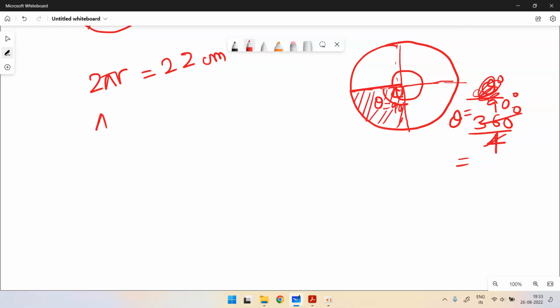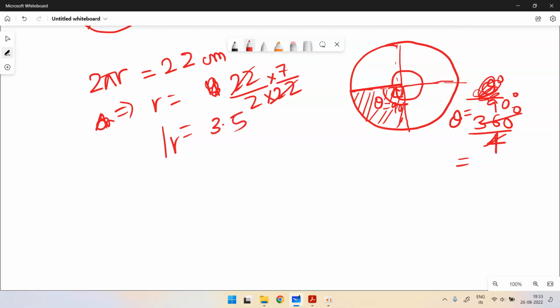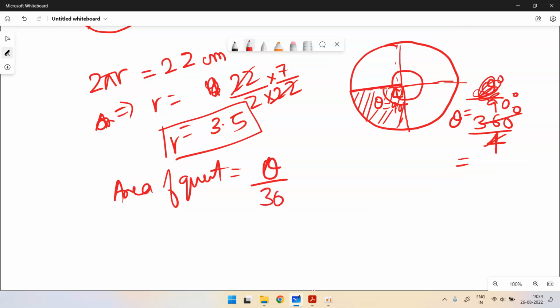Now from here you get that r equals 22 centimeter by 2 by pi, and you need to use the value of pi as 22 by 7, so r is 3.5. The area of this quadrant is theta by 360 into pi r square.